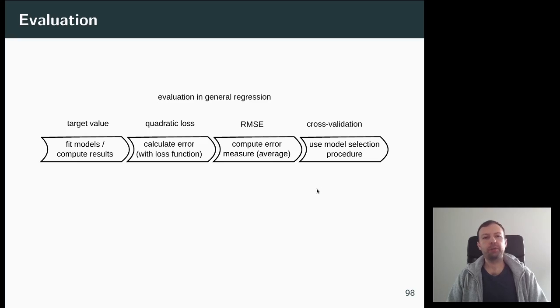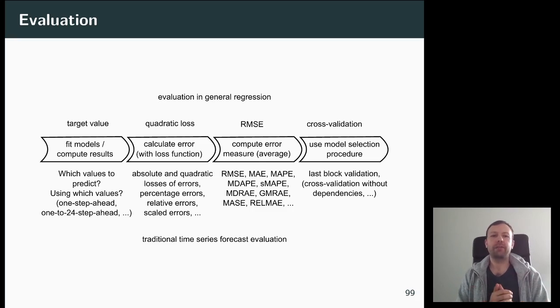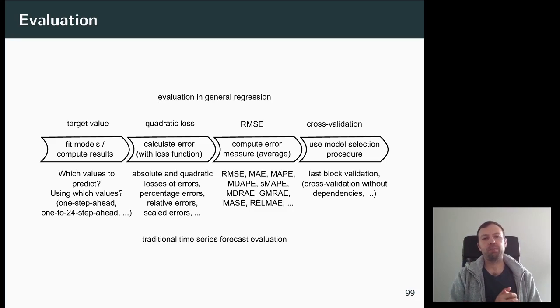So now we go to forecasting, and it all gets so much more complex. It starts off with what's the target value, right? That's very often not clear. It really depends on which value you want to predict using which other values. Do you want to do one step ahead? Do you have an hourly series and want to predict the whole next day ahead?